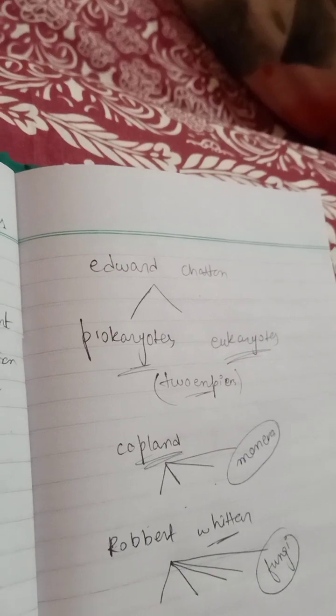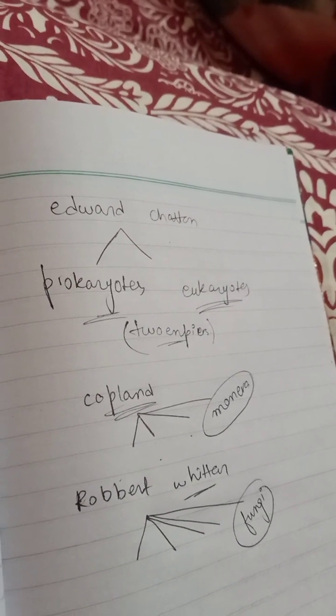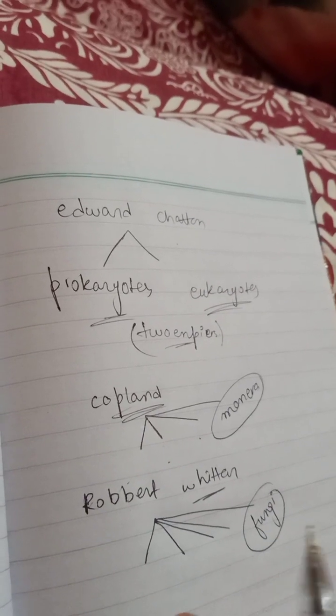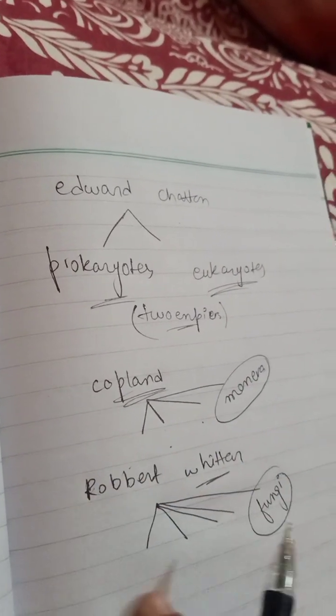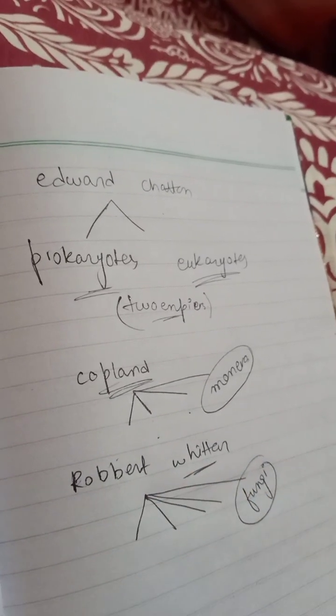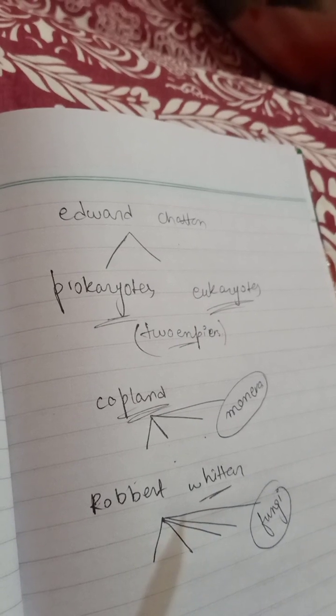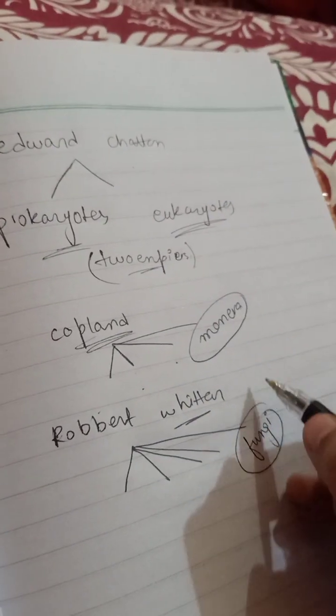After that there were scientists named Margulis and Schwartz. They modified the Whittaker classification, and they changed Protista to Protoctista.